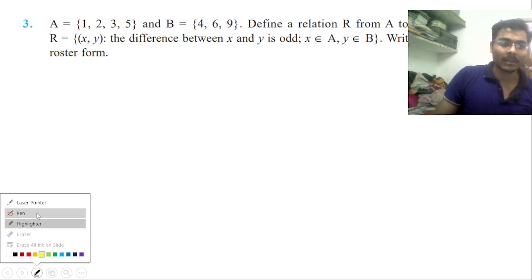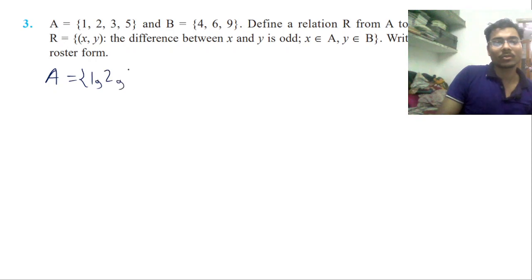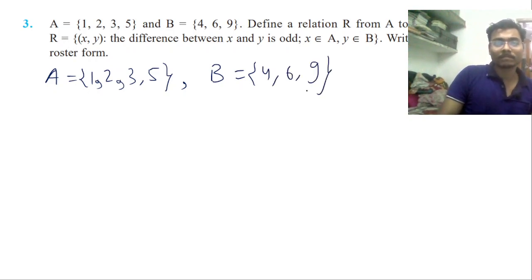Let me use the pen here and choose a color. So they are giving us A with elements 1, 2, 3, and 5, and another set B with 4, 6, and 9.